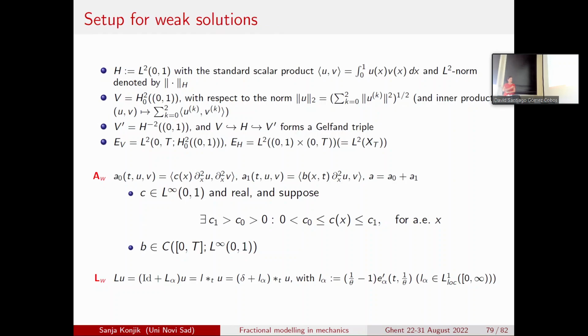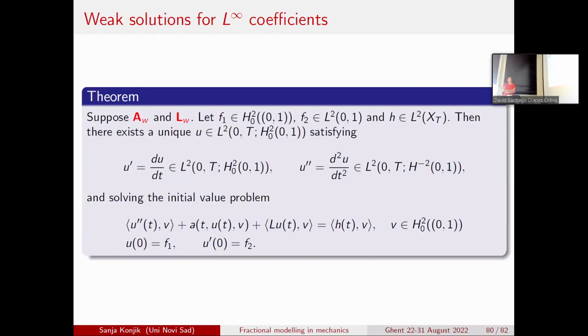So if you take into consideration this situation here, with these spaces, then assuming AV and LV, also for initial and boundary conditions, assumptions that they belong to certain spaces, then we were able to prove existence and uniqueness of a solution in L2 with additional properties that the derivative is also in L2 and the second derivative again, but with different codomains.